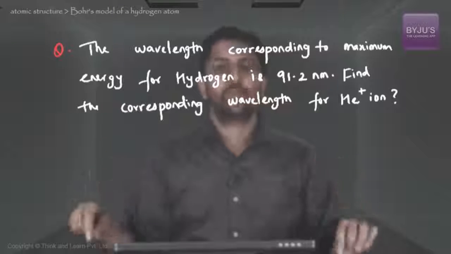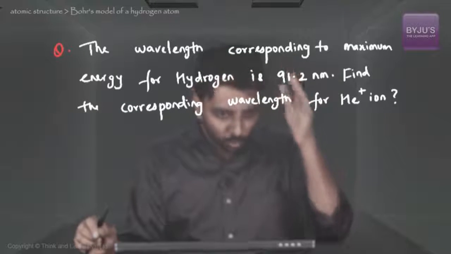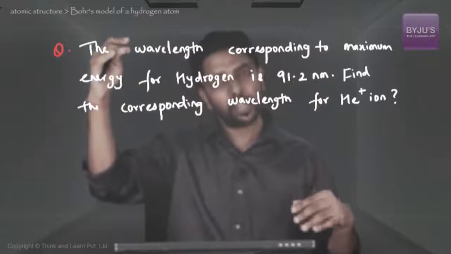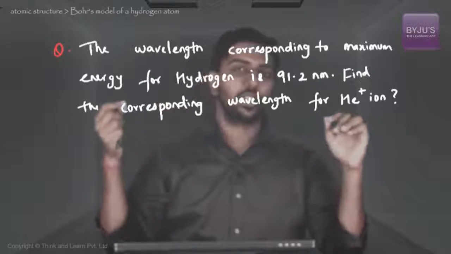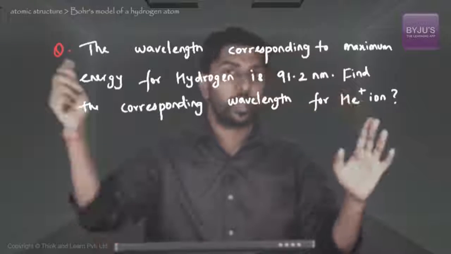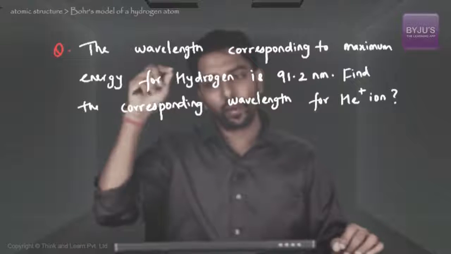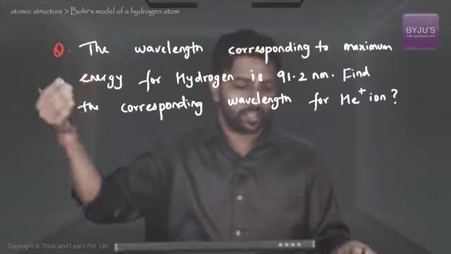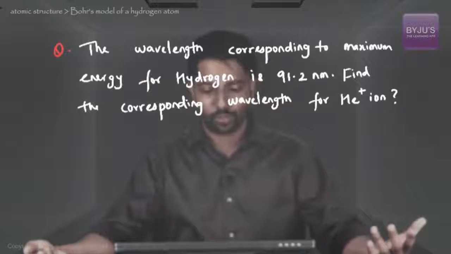Highest energy. So when will you have the highest energy? When the electron transits between the lowest energy level and the highest energy level, or vice versa. If it is going from lower to higher, it is going to absorb a photon. If it de-excites from the highest energy level to the lowest energy level, then it is going to emit radiation, is it not?